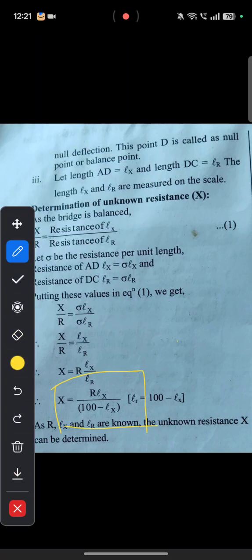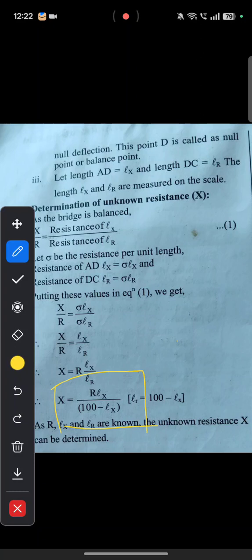The R value is known, Lx you will get from the null point, and 100 minus Lx will be Lr. Okay, so this is the formula. After getting the values of Lx, R and Lr, substitute all three values and you will get the unknown resistance.